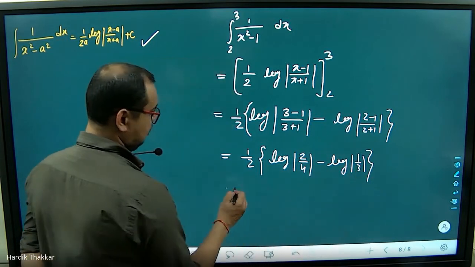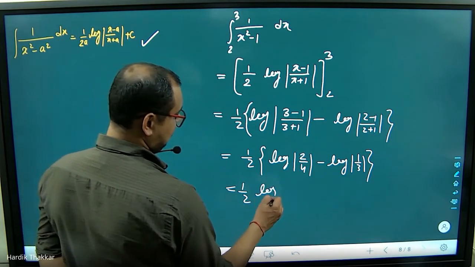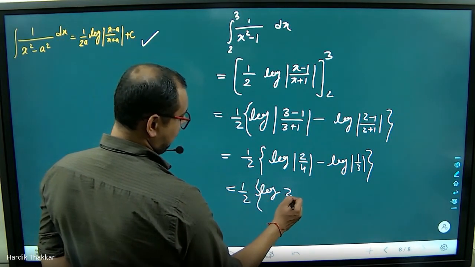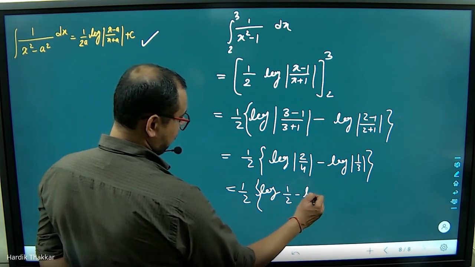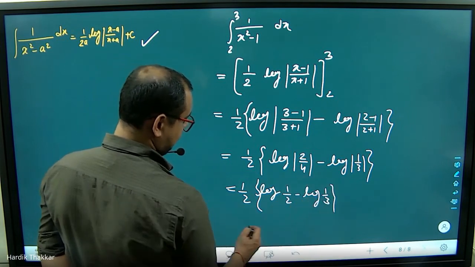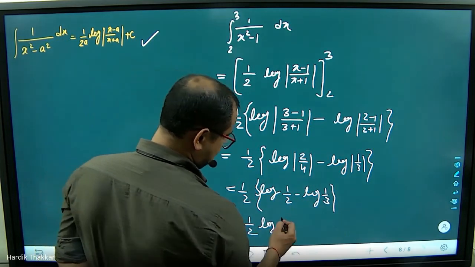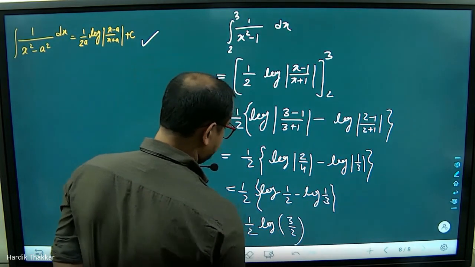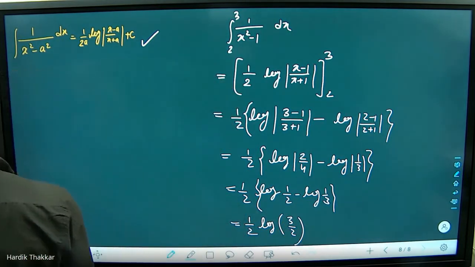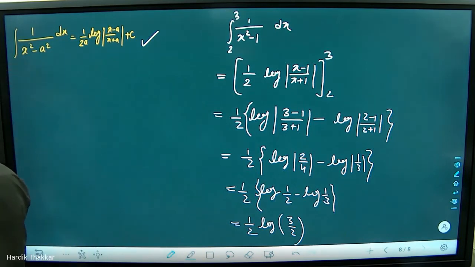Now apply the property of log. Further we can solve it like this: log 1 by 2 minus log 1 by 3. So the final answer might be log a by b, so it will be, I think, 3 by 2. That's it. Sir, I guess it will be 1 by 6.